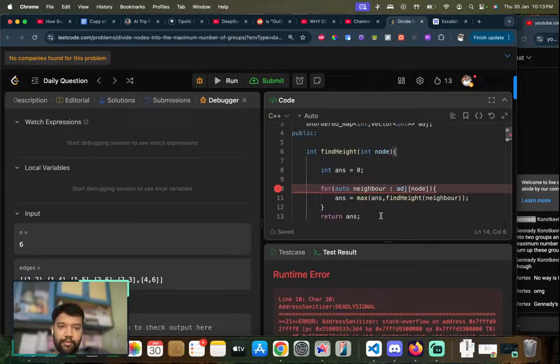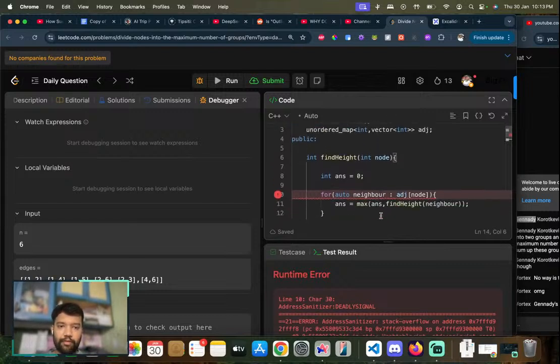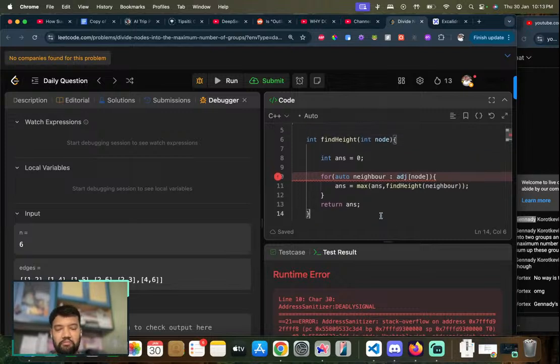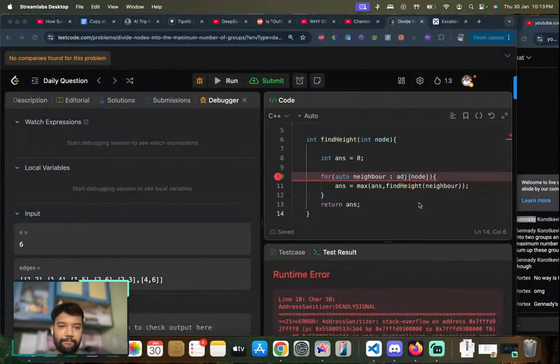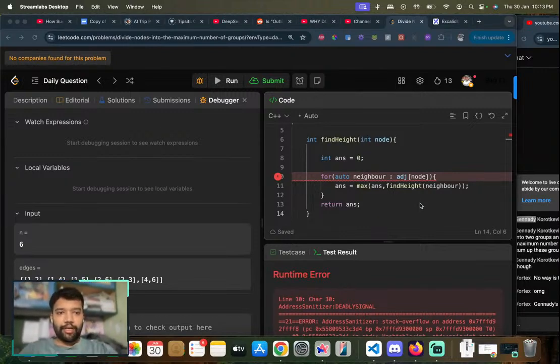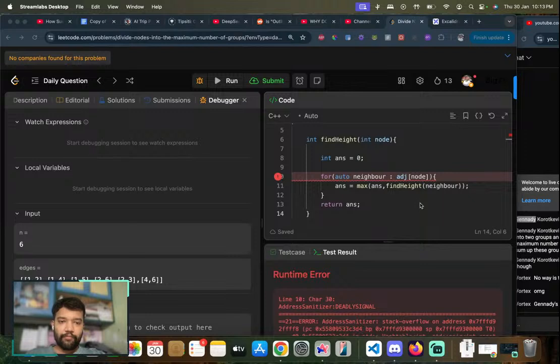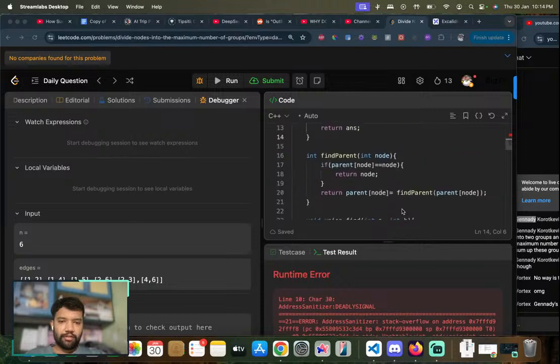Why is this wrong? Why is this wrong? Can you point out why this is wrong? For auto neighbor of adjacency of node, adjacency of node will be a vector, neighbor will be, yeah, this seems correct.